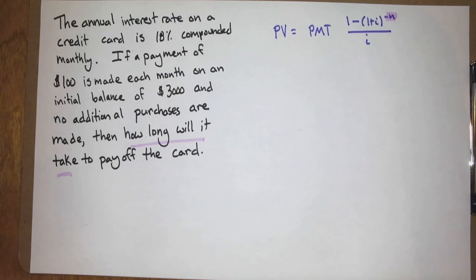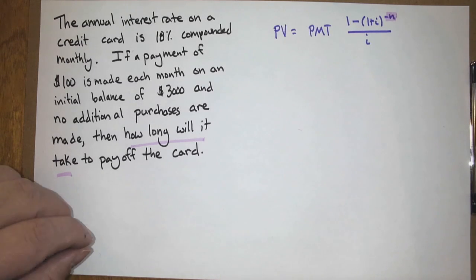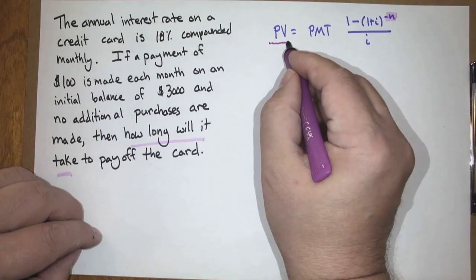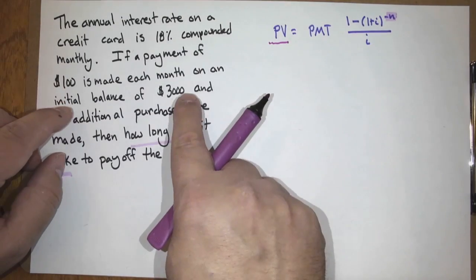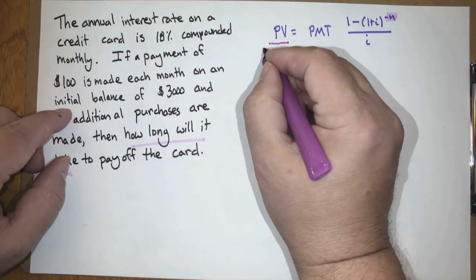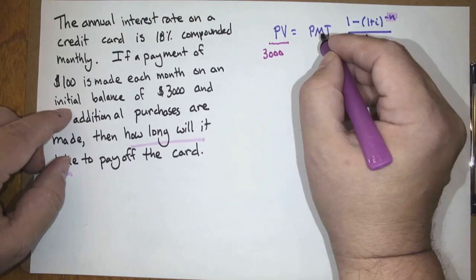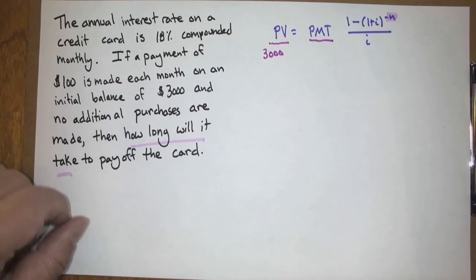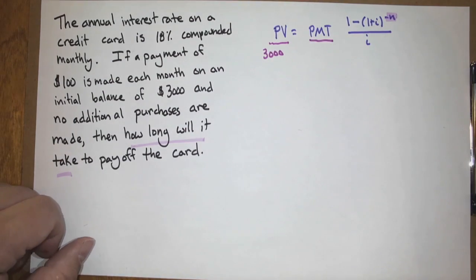We got to bring it downstairs. So, logs are in our future. All right, well, let's talk about the pieces we know. Present value, what does that match with? The 3,000. It's the current debt. That's what you have to pay off. The payment, what is that? 100.